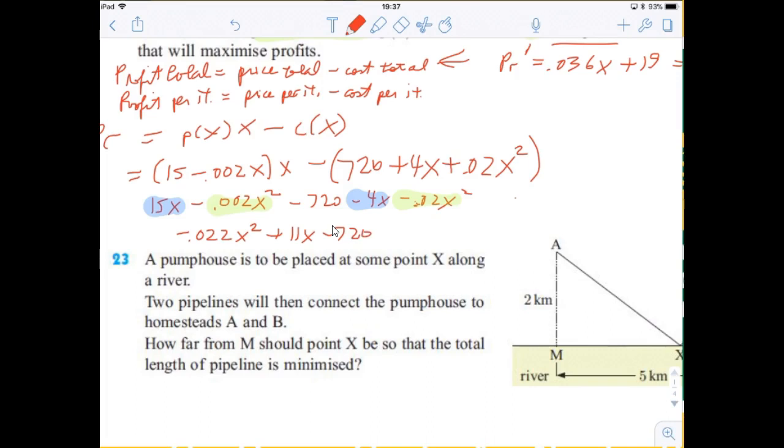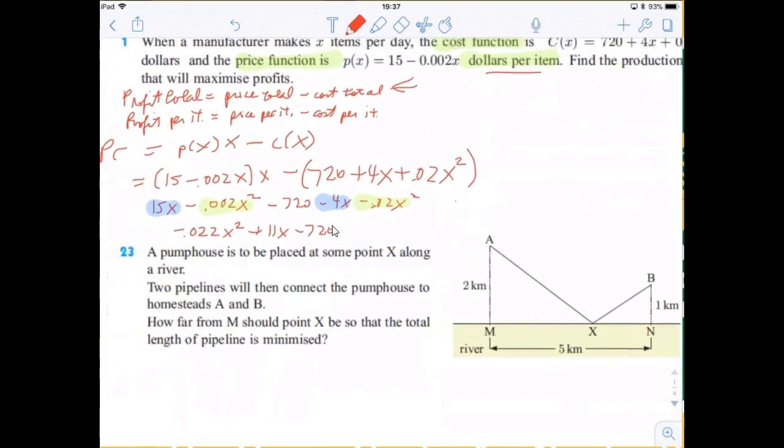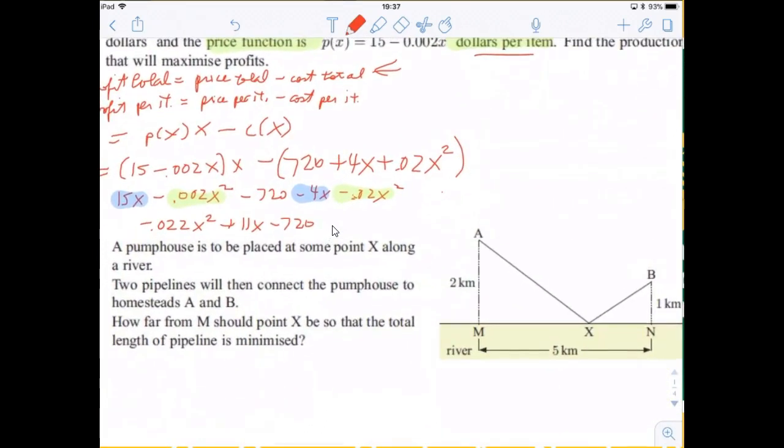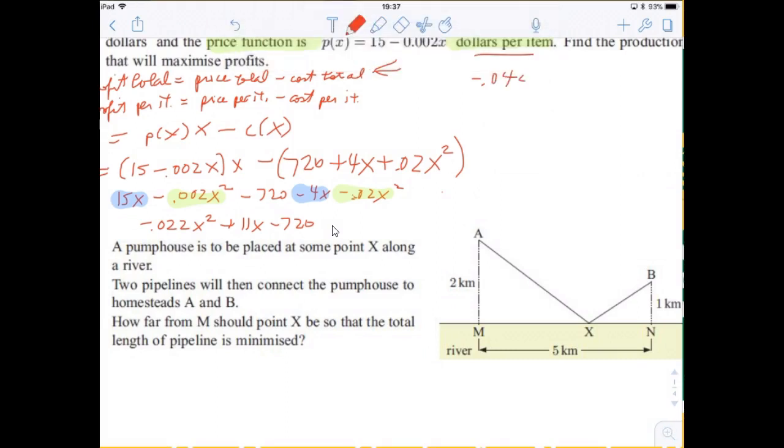So we got the profit function, and we want to know when the profit function is maximum, so we are going to take a derivative of the profit function. So let's take a derivative of negative 0.022x squared plus 11x. That would basically be 2 times negative 0.022x plus 11, so negative 0.044x plus 11 would be the derivative function for the profit.